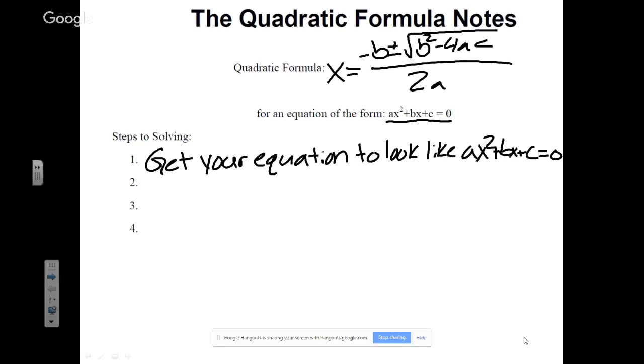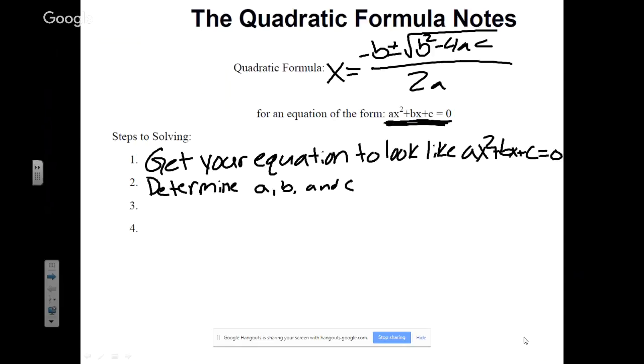Then the second step is just determine what your a, b, and c are. So if we look at the equation, then we can see that a is next to x squared, b is next to the x, and c is by itself. And we'll make sure that that equals 0.